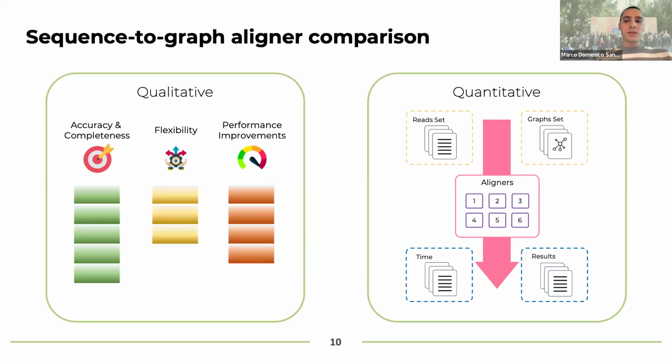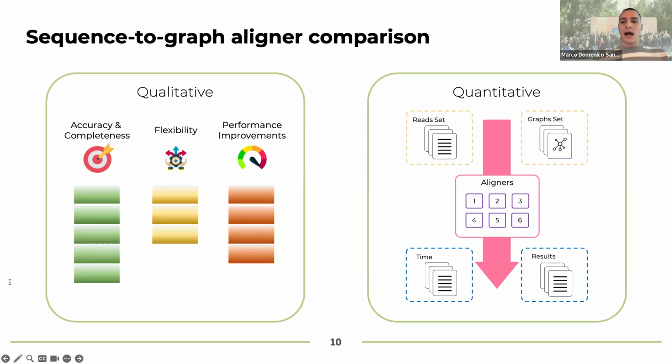In particular, this methodology allows for a qualitative analysis of the three factors I mentioned before, where each factor has been decomposed in a set of parameters that, collected together, allow for evaluating the aligners on specific data and in specific case studies.